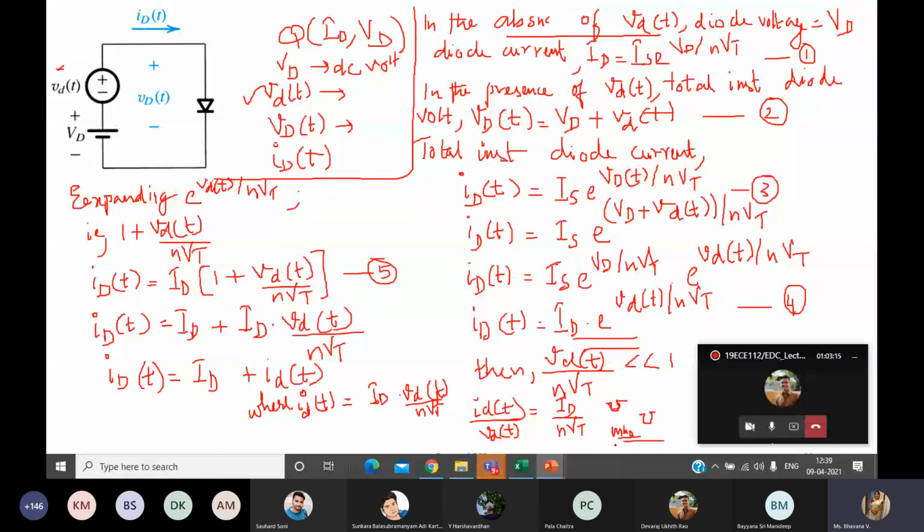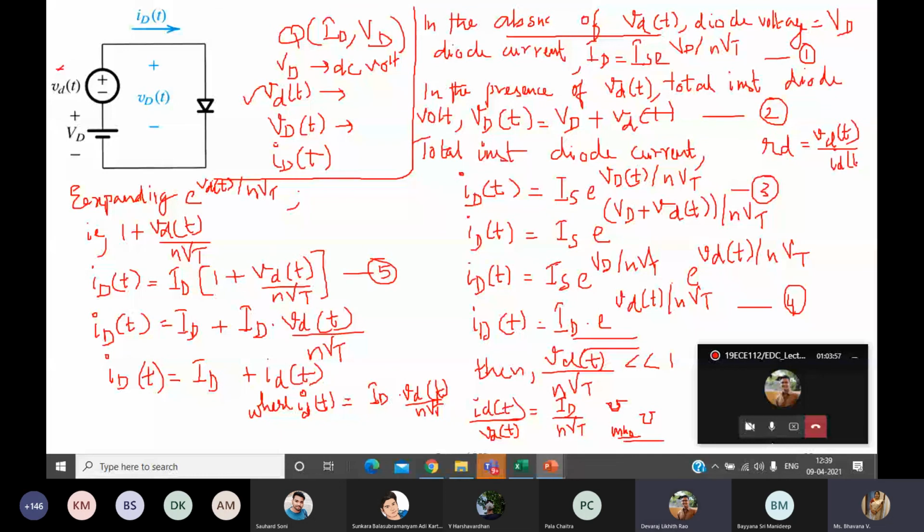The inverse of this parameter is the diode small signal resistance or incremental resistance, small rd. So small rd will be the reciprocal of this: vd of t by id of t.